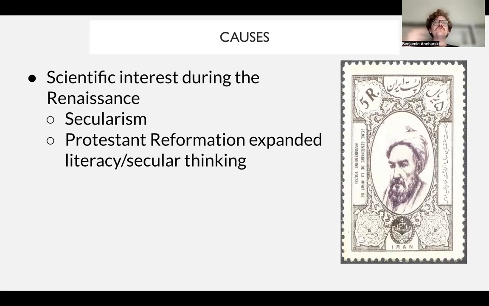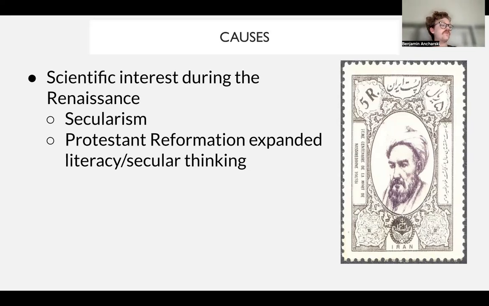But thanks to this entryway for other people to start criticizing the Catholic Church, we also start to see people criticizing the Catholic Church's hold over education, over intellectual developments, over their interpretation of science. So the Protestant Reformation is giving the possibility for other criticisms of Catholic teachings as they relate to science.